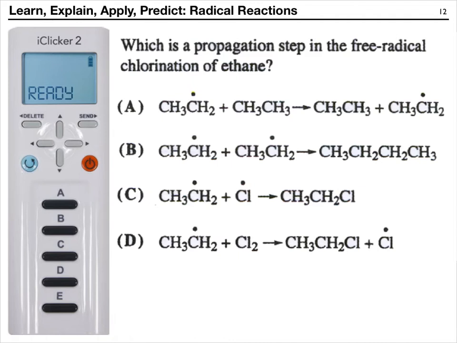So what do we think is the best response for a propagation step? Just think about what the word propagate means. So it sort of has to pay it forward. In a radical propagation step, the product of that step has to be a radical. So that leaves choices A or D. But A is not a viable choice because what word would you use to describe what's happening in A?